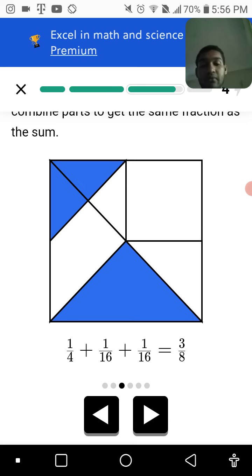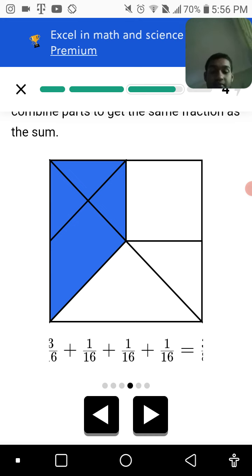1 by 4 plus 1 by 16 plus 1 by 16 is equal to 3 by 8. This one is so long that it isn't appearing on the screen.